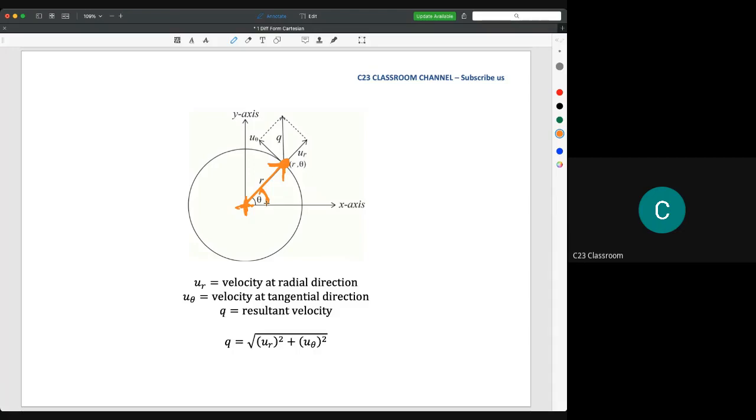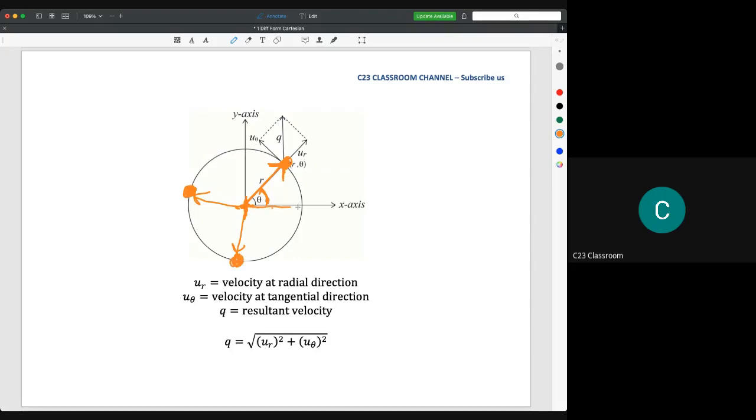If you have another molecule here or another molecule here, the distance from the center point will be the same, because this is the radius of this circular shape.